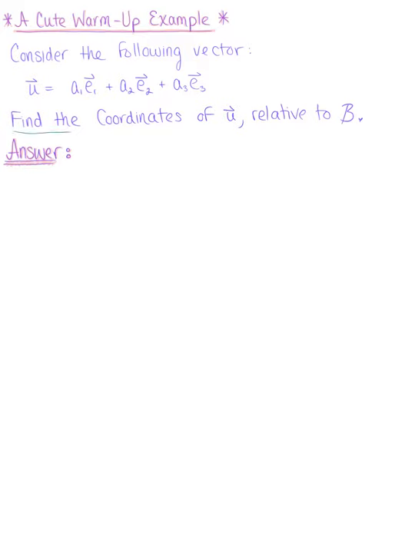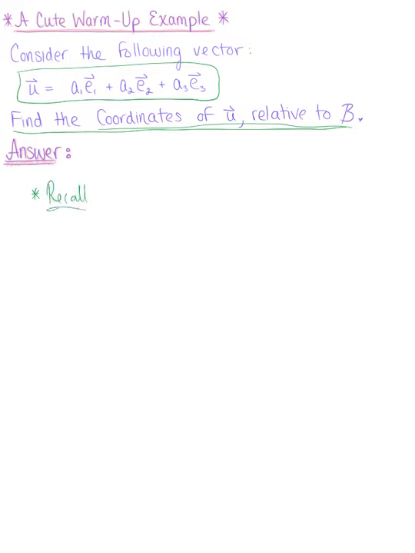And we're asked to find the coordinates of vector u relative to the basis B. Looking at this given vector, we can recall that these three vectors, e sub 1, e sub 2, and e sub 3, are just the elementary vectors in R3. Our good old friends, those elementary vectors in 3 dimensions.